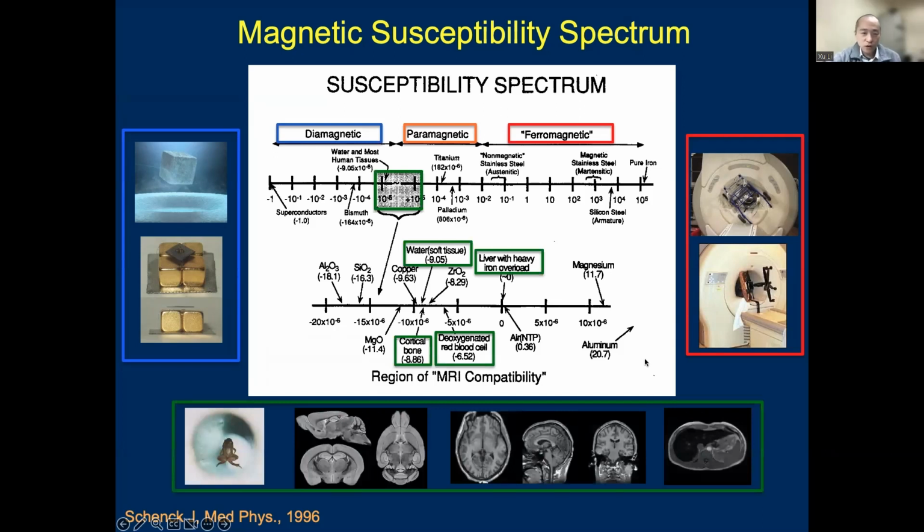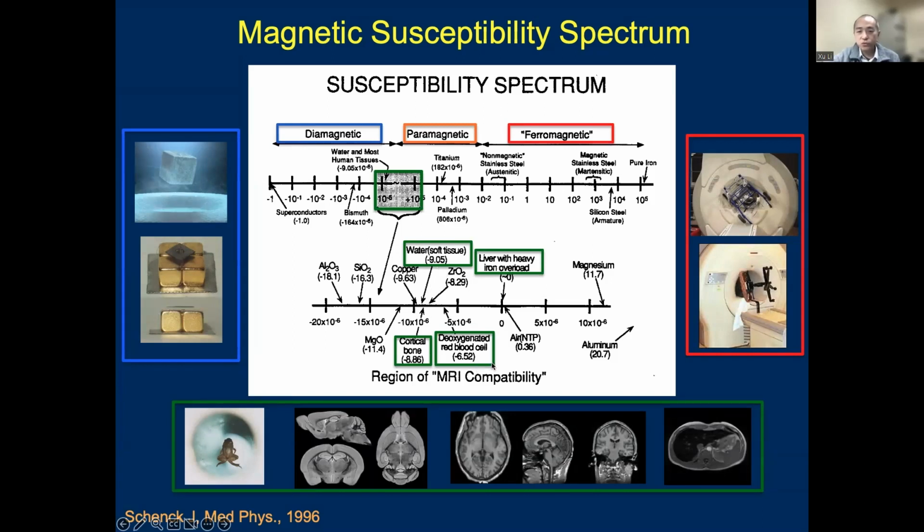And when we talk about biologic tissues, because most biologic tissues are mainly composed of water, the tissue magnetic susceptibility is usually around the water magnetic susceptibility, which is -9 ppm.